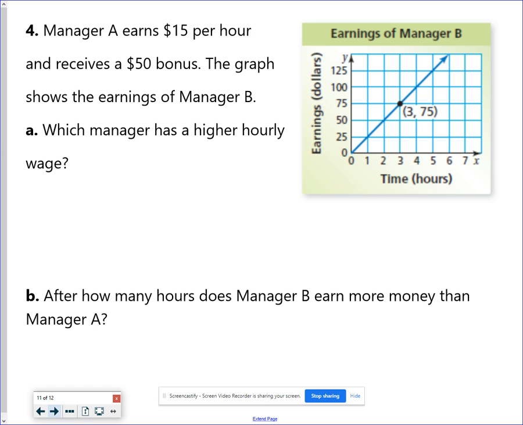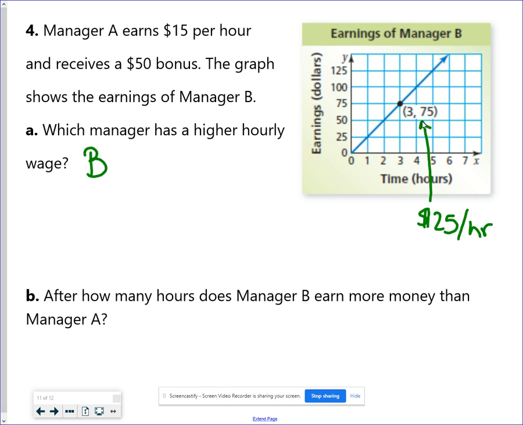That means that point right there is telling me that they are making $25 per hour. And manager A is only making $15 per hour. So the manager that's getting the higher hourly wage is B.